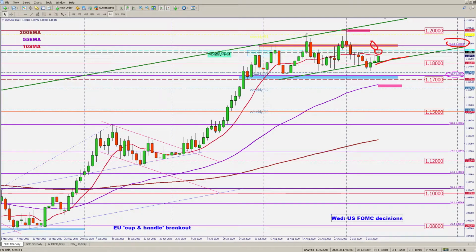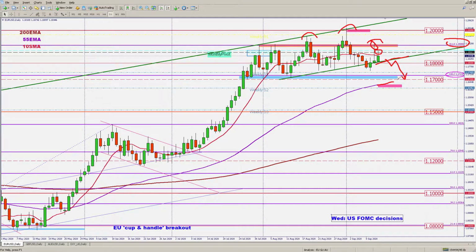However, a couple of weeks earlier we highlighted that this possibly could be forming a head and shoulders formation, and if this breaks below 118 again, then it could possibly fall to the support zone at the 138 fib and the 117 level, and the 55 EMA that's climbing up.